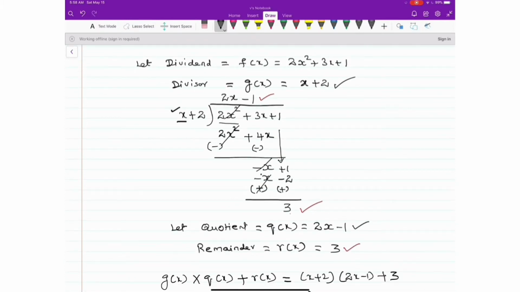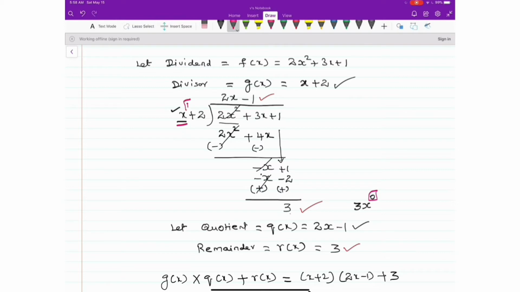See, 3 can be written as 3 into x power 0. Because you know anything to the power 0, here it is x to the power 0, is going to be 1. So 3 into 1, that will give us 3. So the degree of the remainder is 0. Whereas the degree of the divisor, if you see, I am having here x to the power 1.